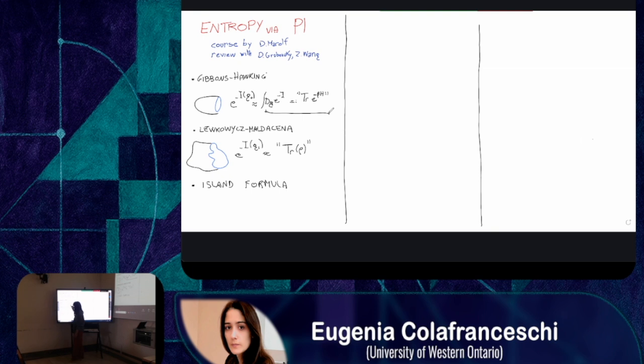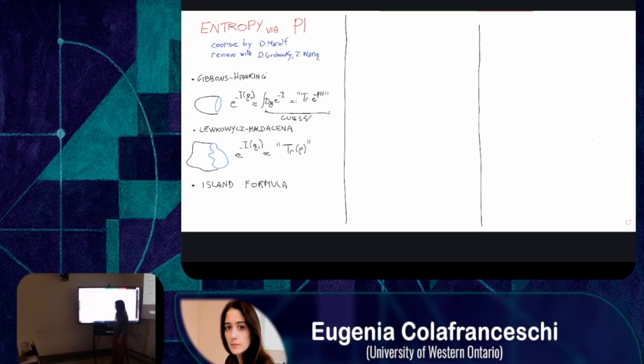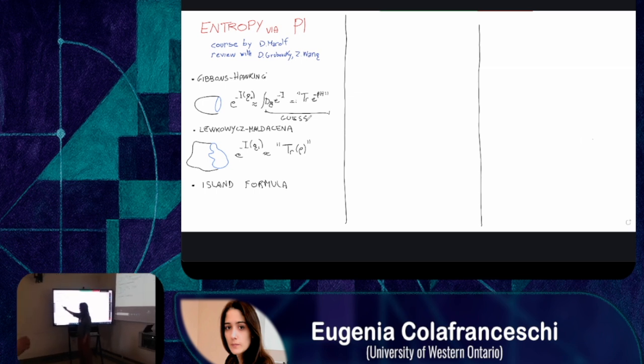So this was our guess, and then using the saddle point approximation, so approximating the full path integral with just the contribution from a solution of the equation of motion, we showed that when we take the Euclidean version of the Schwarzschild black hole, using this guess, we indeed recover the Bekenstein-Hawking entropy. So this was supporting evidence for this guess to compute a partition function in gravity.